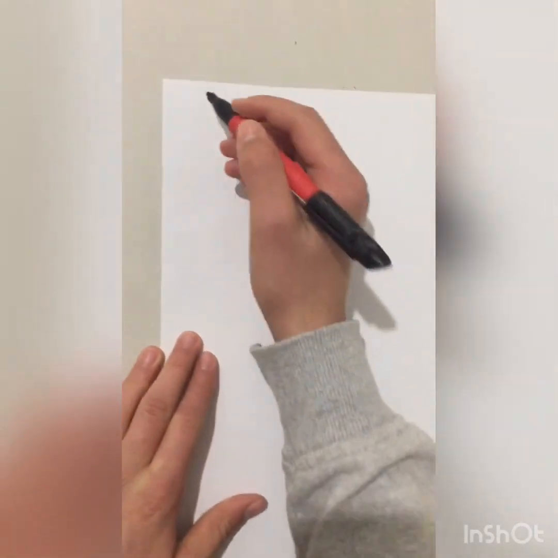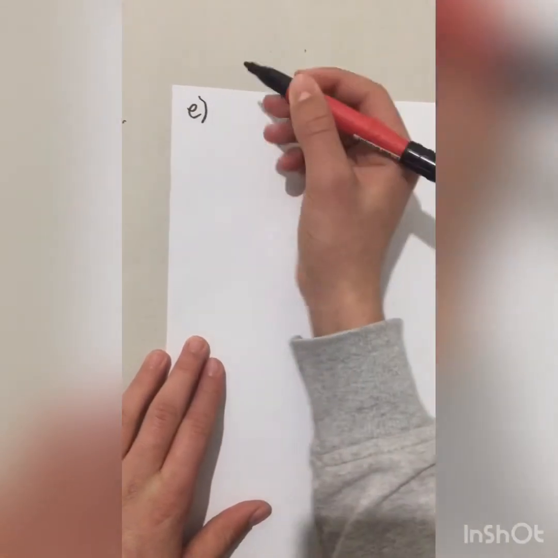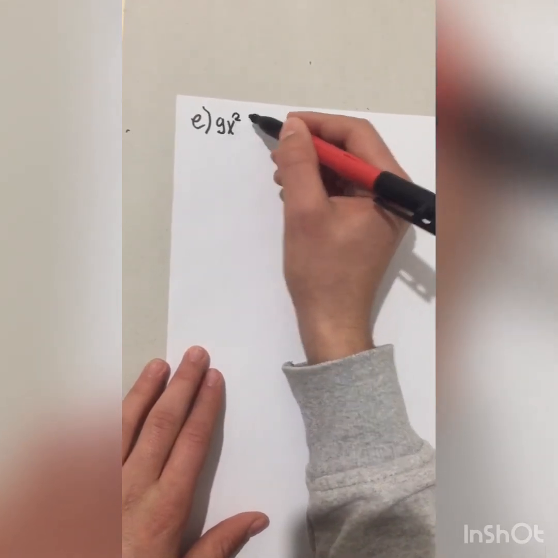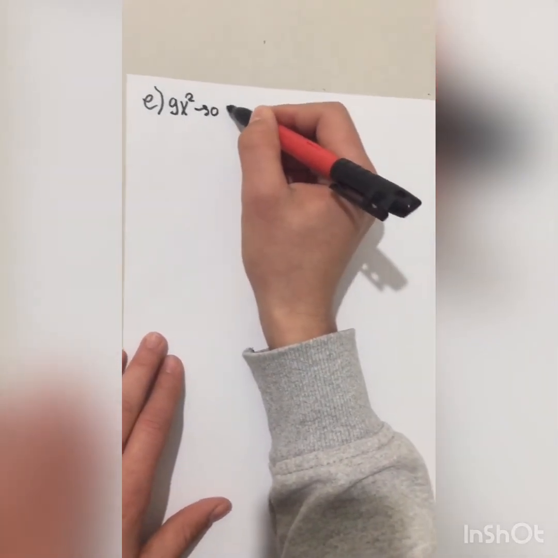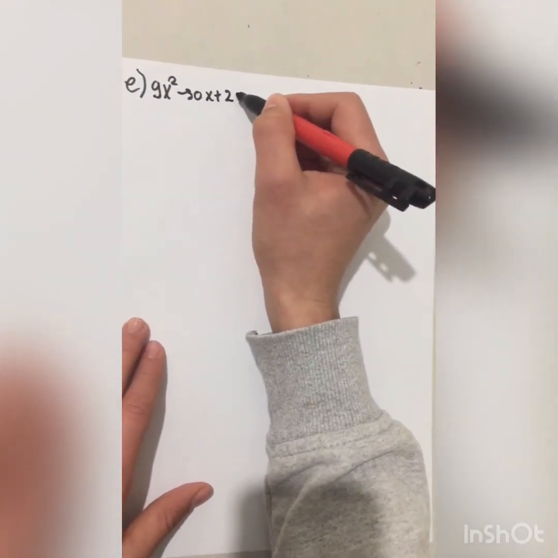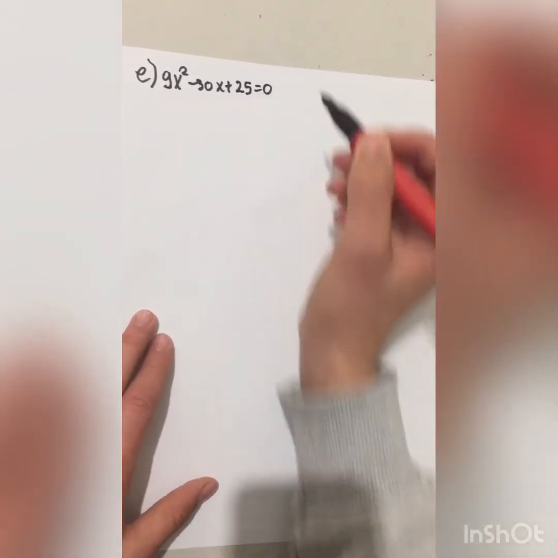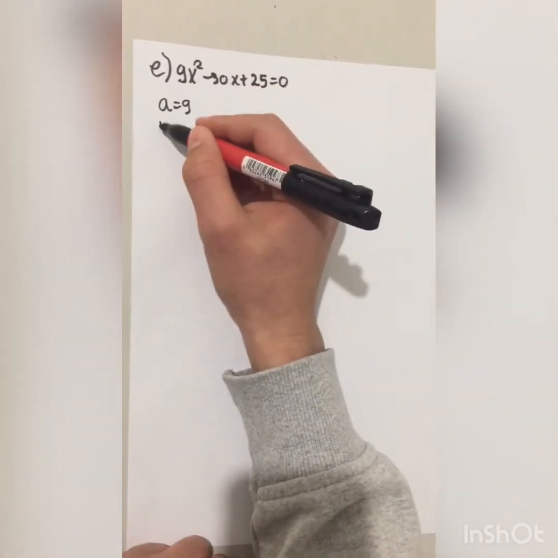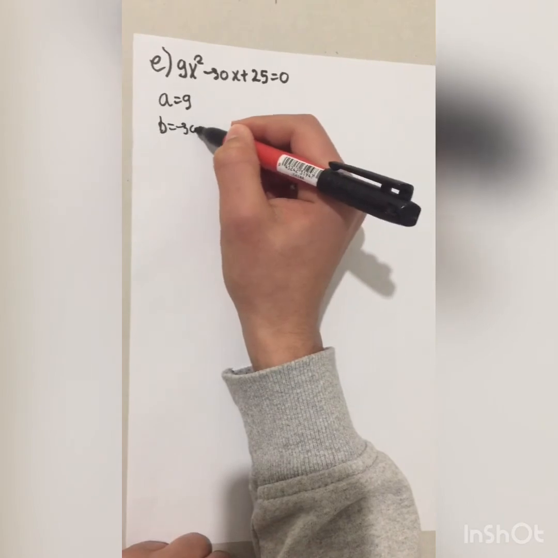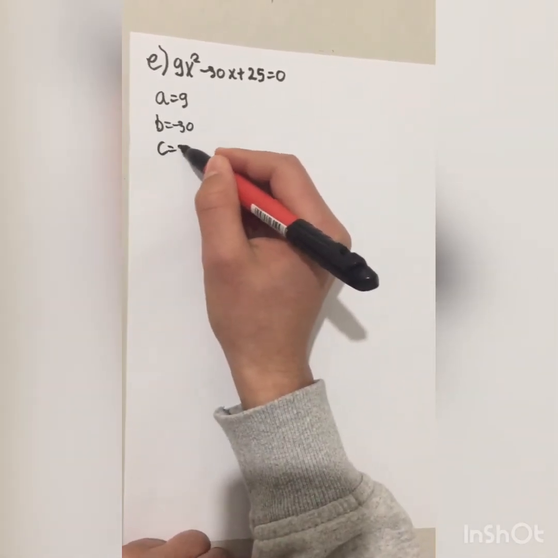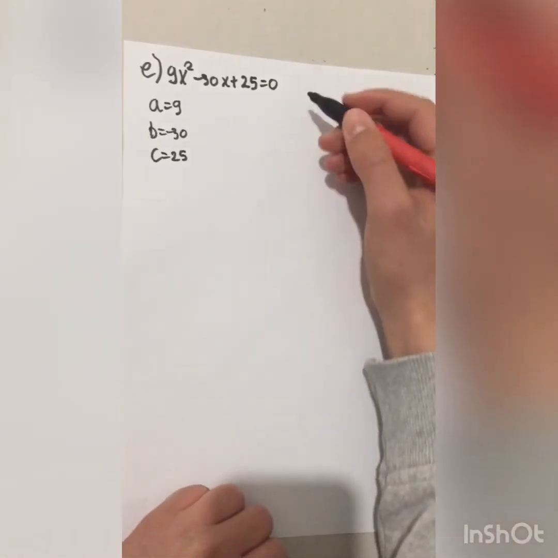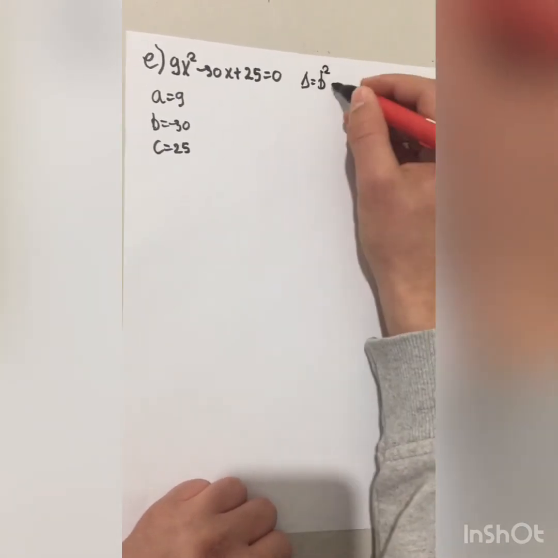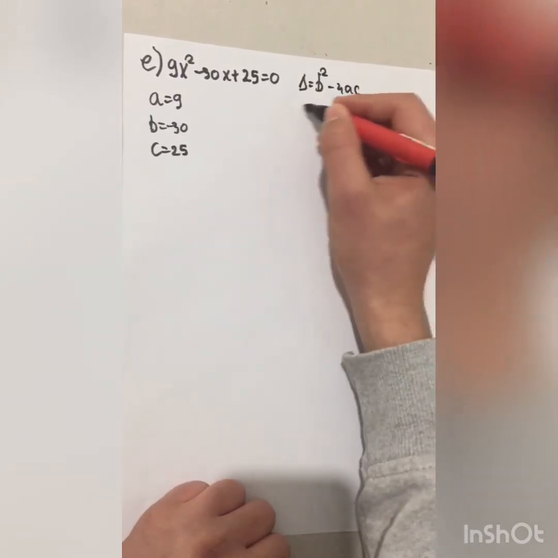Now we are going to solve another task with the delta formula, the discriminant formula in fact. 9x squared minus 30x plus 25 equals 0. A is equal to 9, b is equal to minus 30, and c equals 25. We have to find delta first. Delta is equal to b squared minus 4ac.